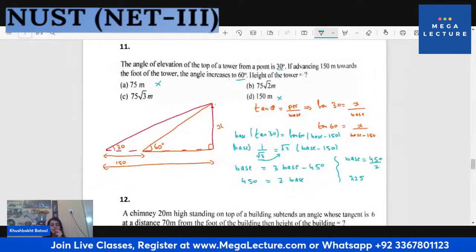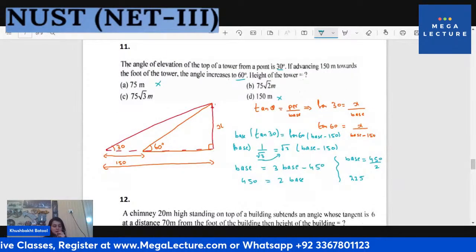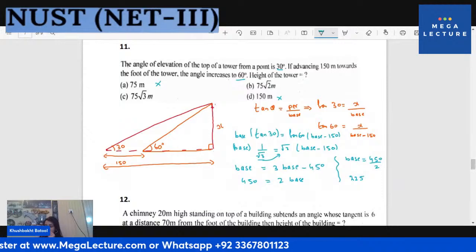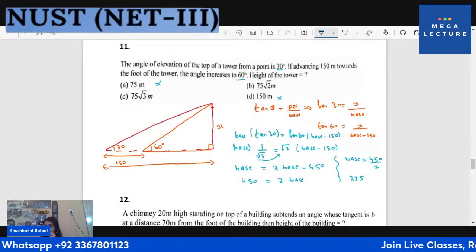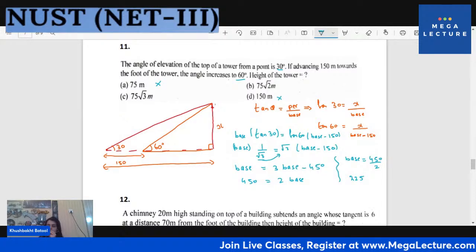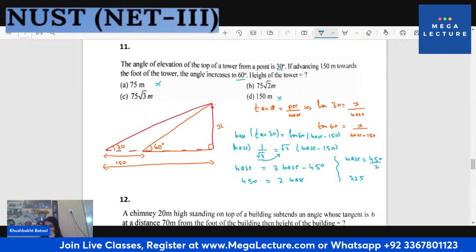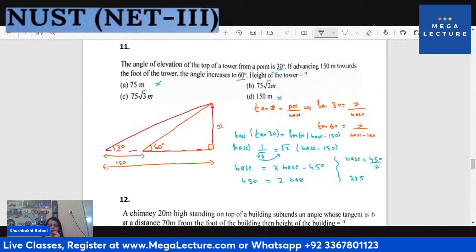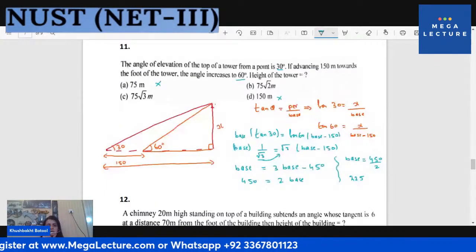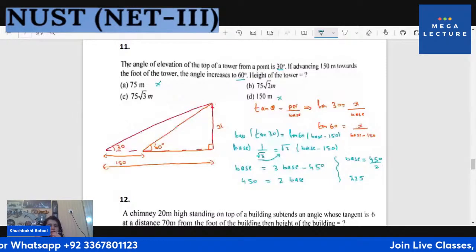Now you need to think about it logically. If you multiply 75 with root 3, would that give you 225? Or when you multiply 75 by root 2, would that give you 225? Only then you would be able to find the answer. But anyways, let's just discuss this once again, just so things become easier for us.